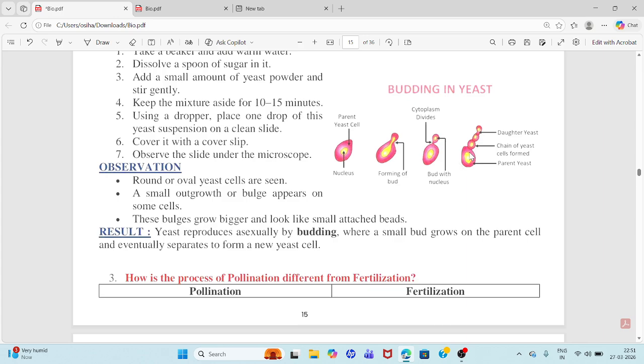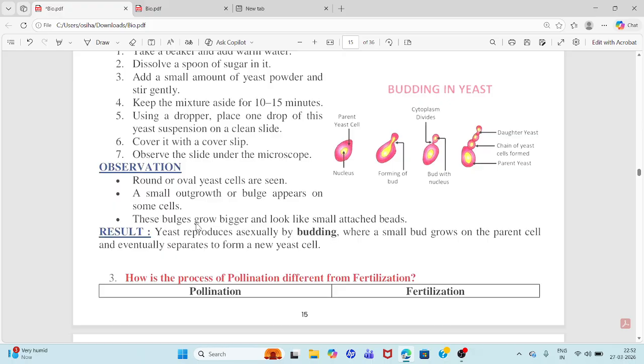So you can see this picture, budding in yeast. Observation: round or oval yeast cells are seen. A small outgrowth or bulge appears on some cells.